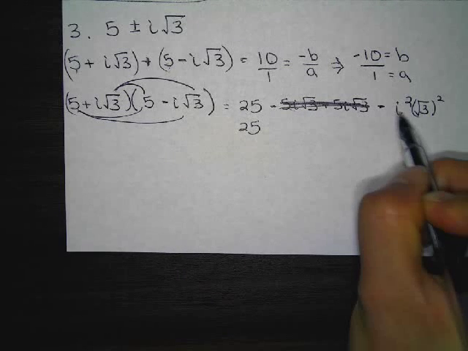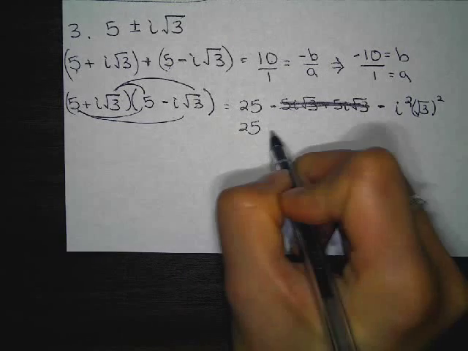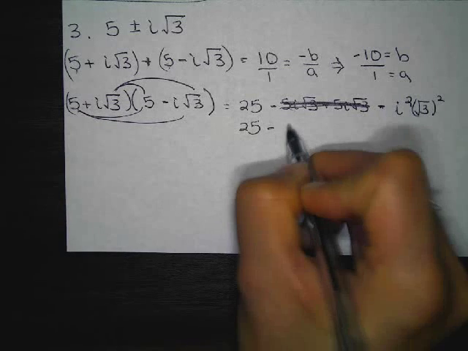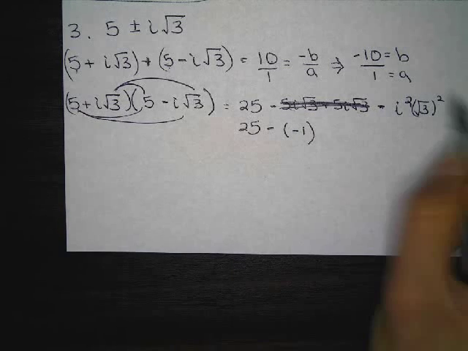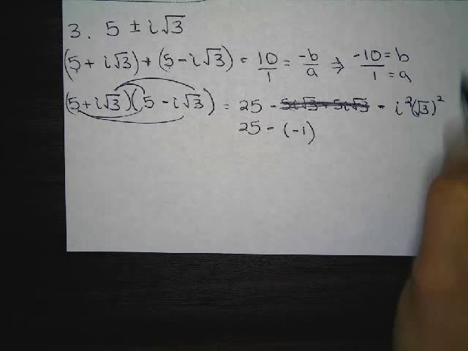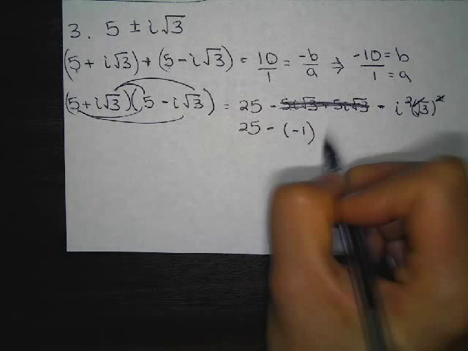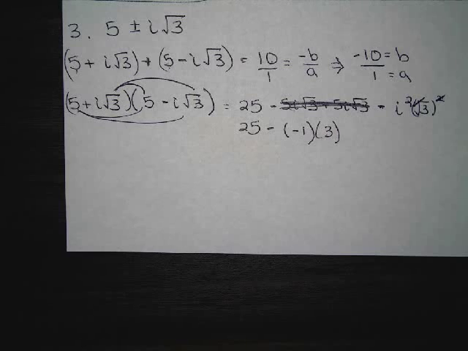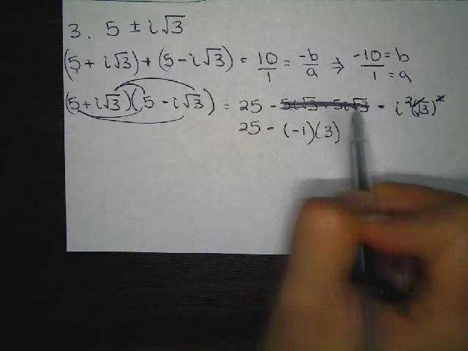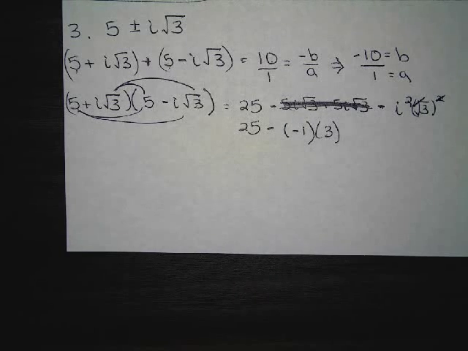So we have 25. i squared is negative 1, so we've got this minus out here, times that negative 1, and then the square root of 3 squared. Those are inverses, so we just have a 3. So again, our middle term disappeared, and it always will disappear.